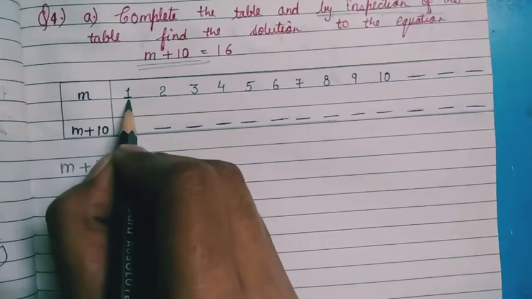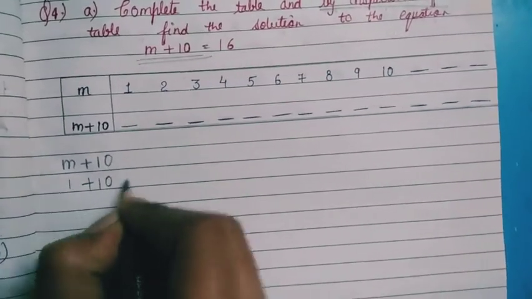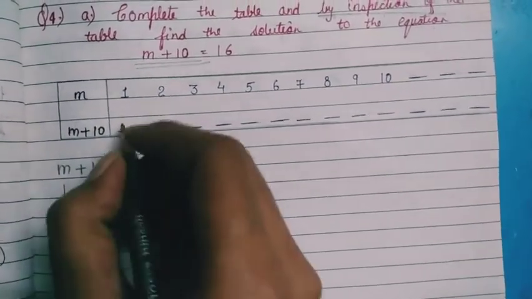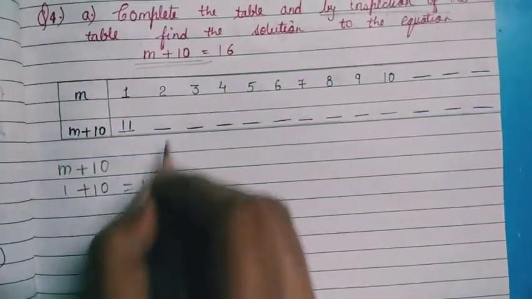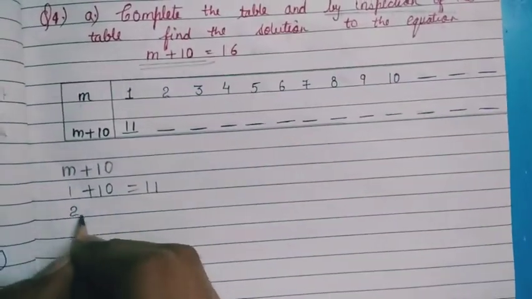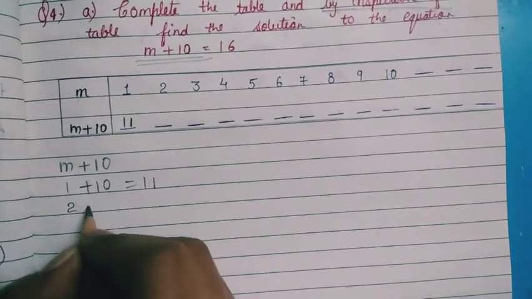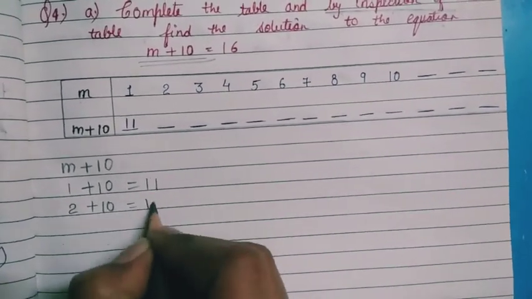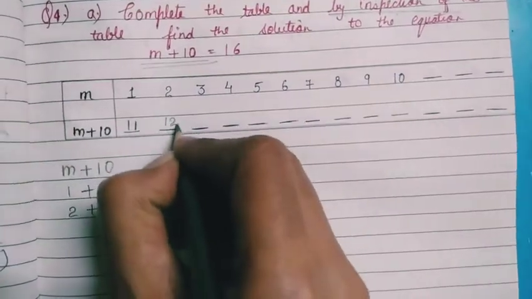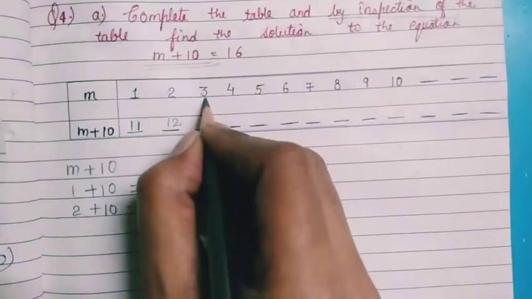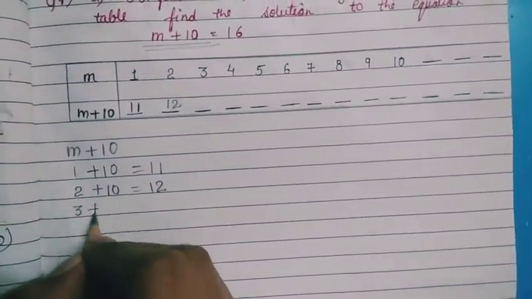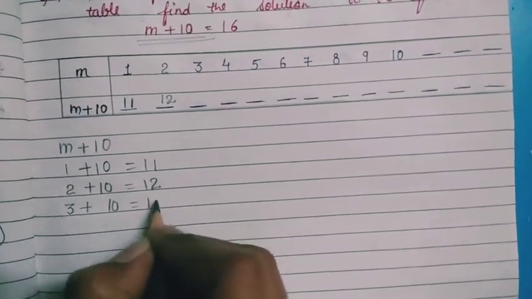If m is equal to 1, so 1 plus 10 is 11. Okay, it means here 11. If m is equal to 2, it means on the place of m 2 is here. 2 plus 10 is 12. It means here 12. Then if m is equal to 3, so 3 plus 10 is 13.